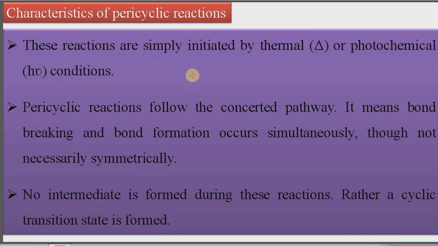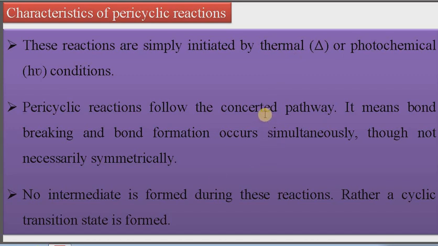Here are some characteristics of pericyclic reactions. These reactions are simply initiated by either thermal conditions or by ultraviolet light, that is photochemical conditions. As you know, these two conditions will produce two opposite stereoisomers.